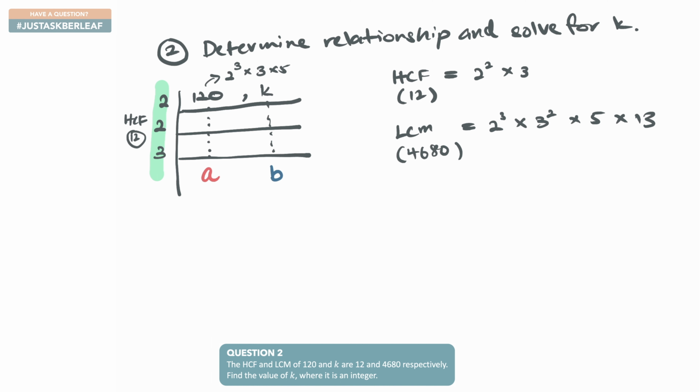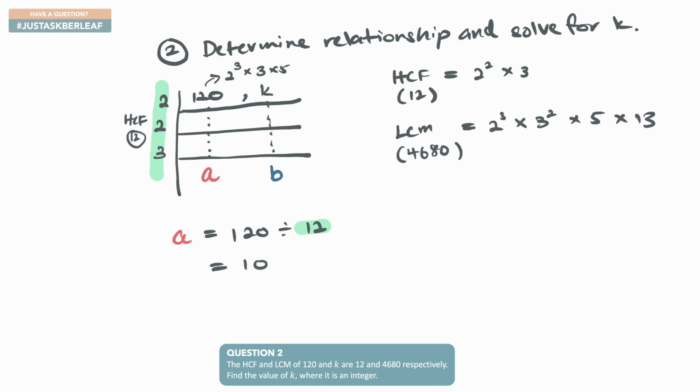At the same time, we can observe that we are able to work out the value of A, which is 120 divided by 12. Let me highlight this in green because the 12 represents the HCF. So 120 divided by the HCF would give us 10.